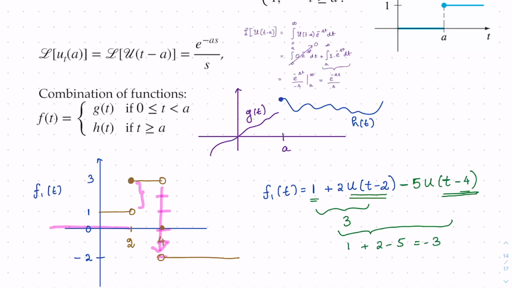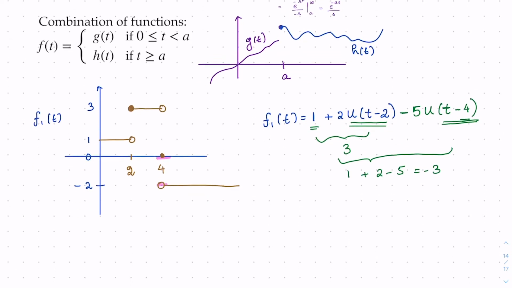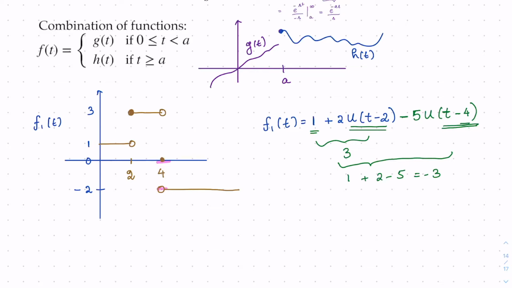So here is one way to represent this function. If you're not following, you may want to look at the video again to see how these things work. That's one way to represent that particular function.